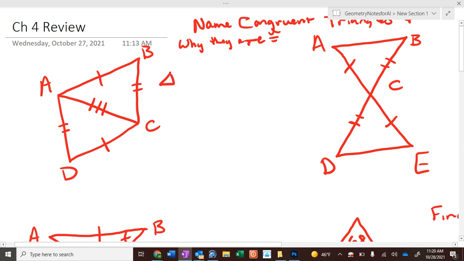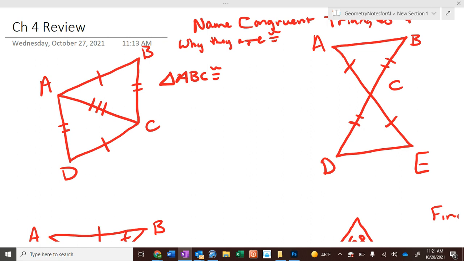So I can say triangle ABC is congruent to what triangle? Now here's where you have to be careful. Order is important. I went ABC, so I went across the 1 mark side and then across the 2 mark side.